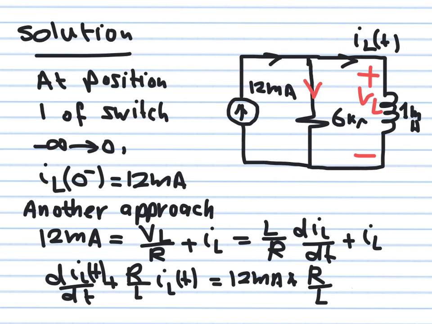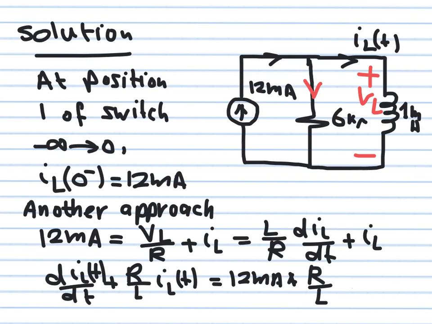So for capacitor circuits, we keep everything in terms of the capacitor voltage. For inductor circuits, we keep everything in terms of the inductor currents. So I simply applied KCL here. Current flowing in equal to the sum of two currents flowing out. This one is IL, this one is VL over R, and VL is nothing but L di by dt.